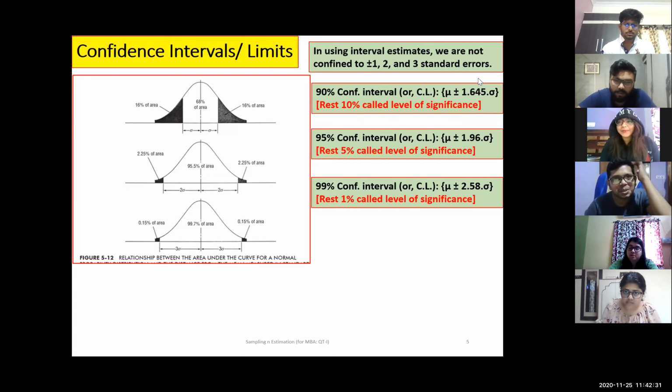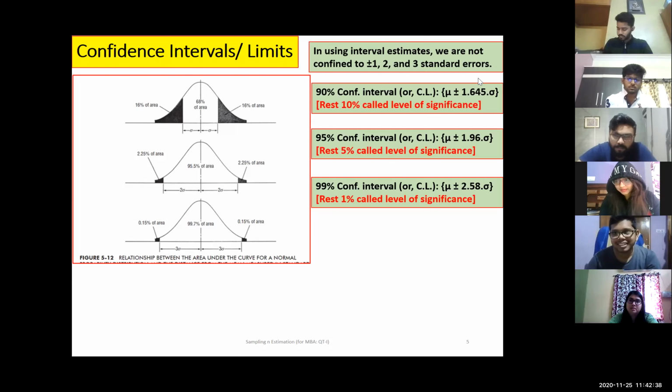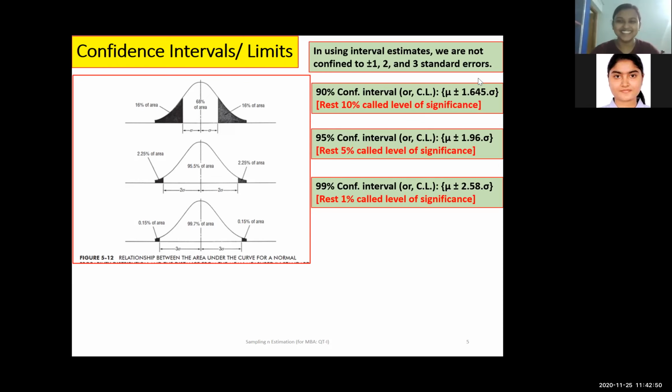Priyanka, look up. 1.96, 1.8, so 2.58. Siddhant, look up. I did not remember, sir. It's 1.645, 1.96. Arundhati, look up. Sorry, sir. 1.645, 1.96, and 2.58.